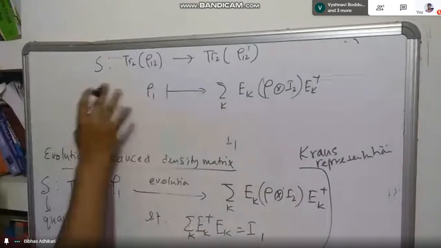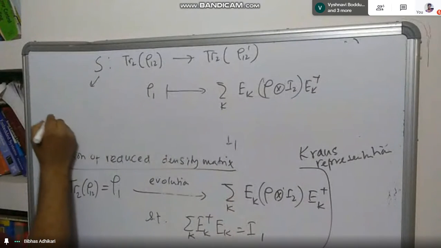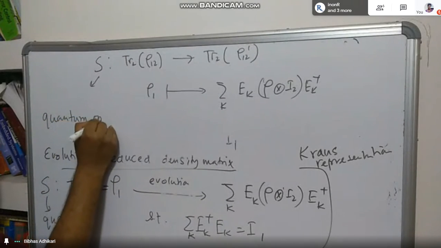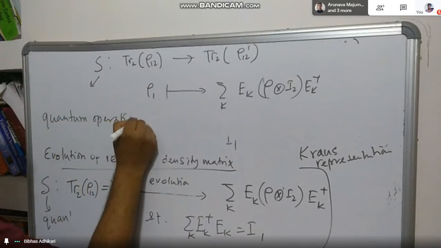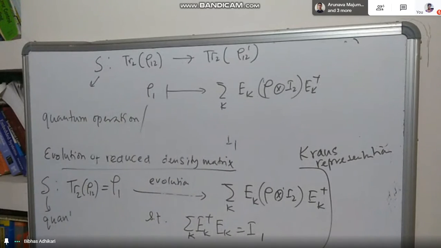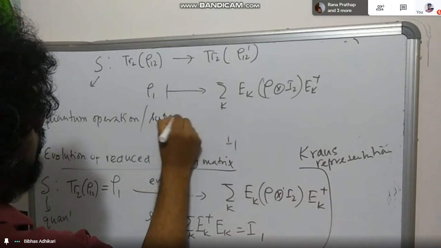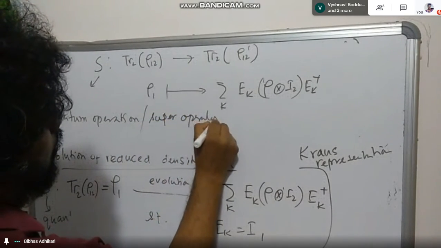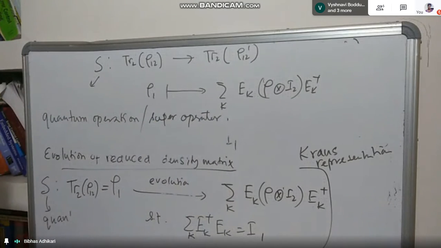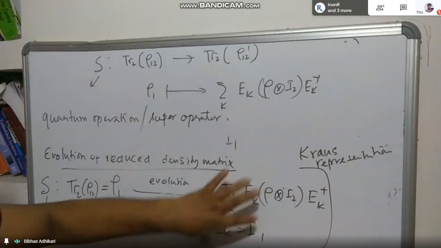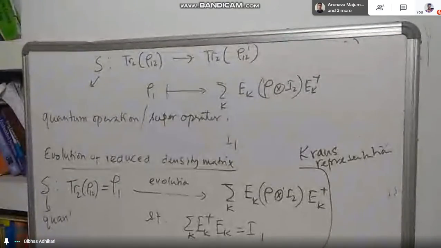This map is called a quantum operation, or it is also called a super operator. And it is also called the Kraus representation of a density matrix: a density matrix after evolution can always be written like this.